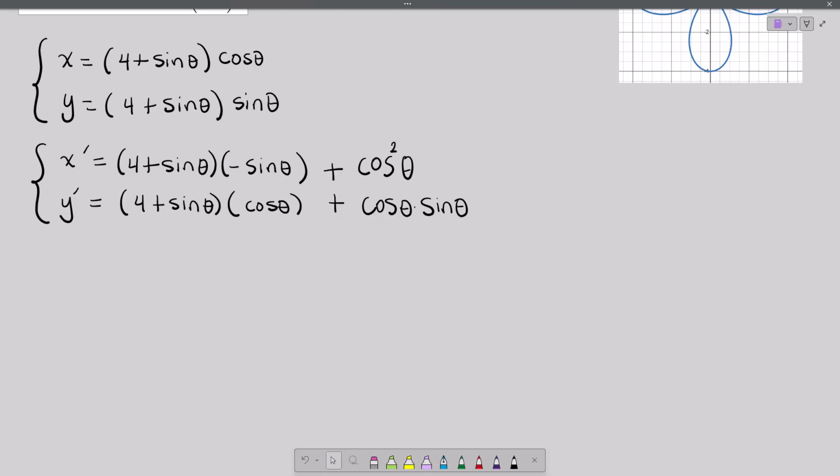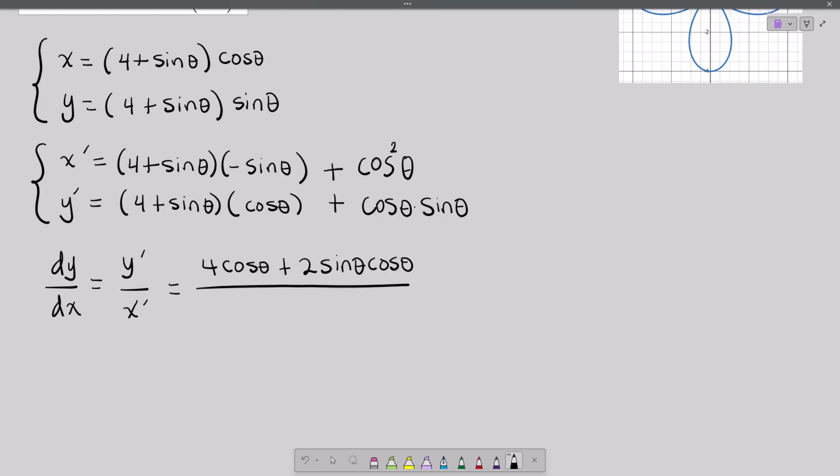And if we want to, again, you don't always have to simplify this, but if we want to, this would be y prime over x prime. So this is going to be 4 cosine theta plus, so I'm distributing here, plus. Notice that with the y prime, when we distribute the cosine, we get sine cosine, and then here we have sine cosine. So that's going to be 2 sine cosine.